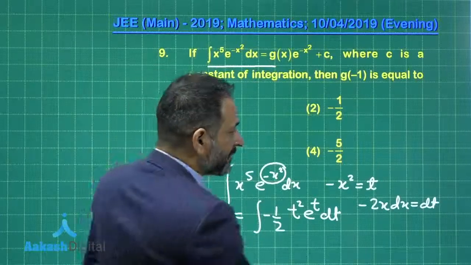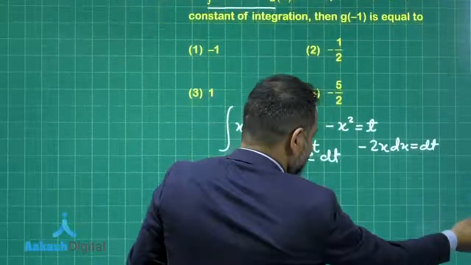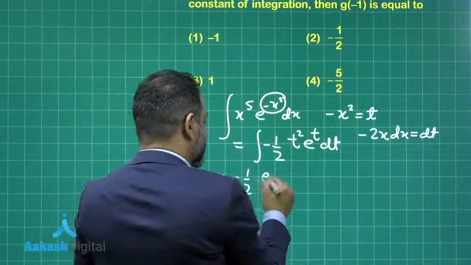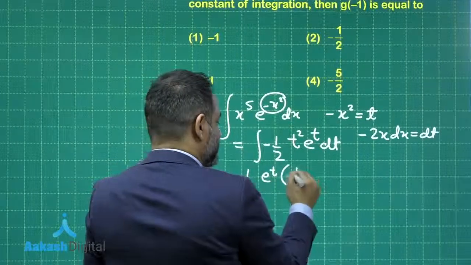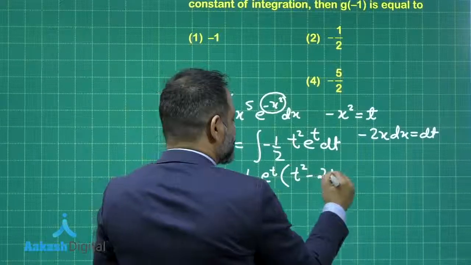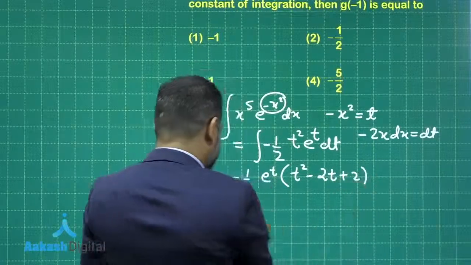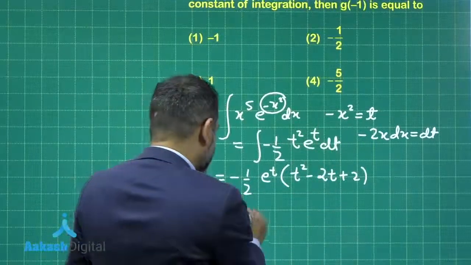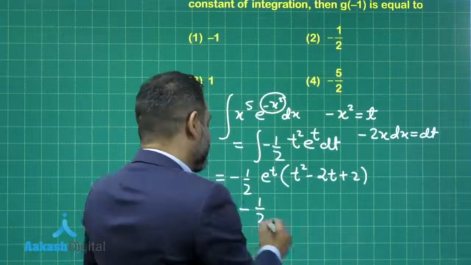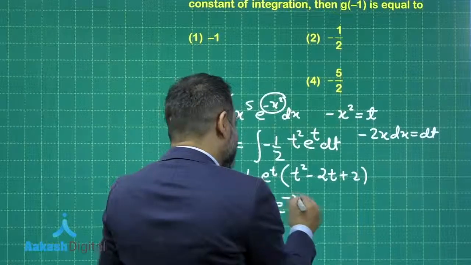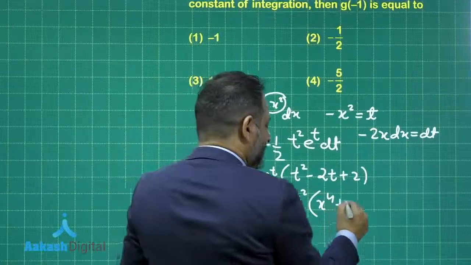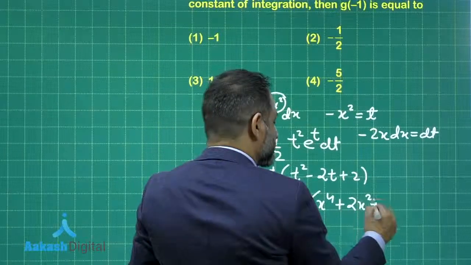So integrating by parts, we have the integral as minus 1 by 2 e raised to the power t into (t square minus 2t plus 2). Now replacing again t with minus x square, we have minus 1 by 2 e raised to the power minus x square into (x raised to the power 4 plus 2x square plus 2).